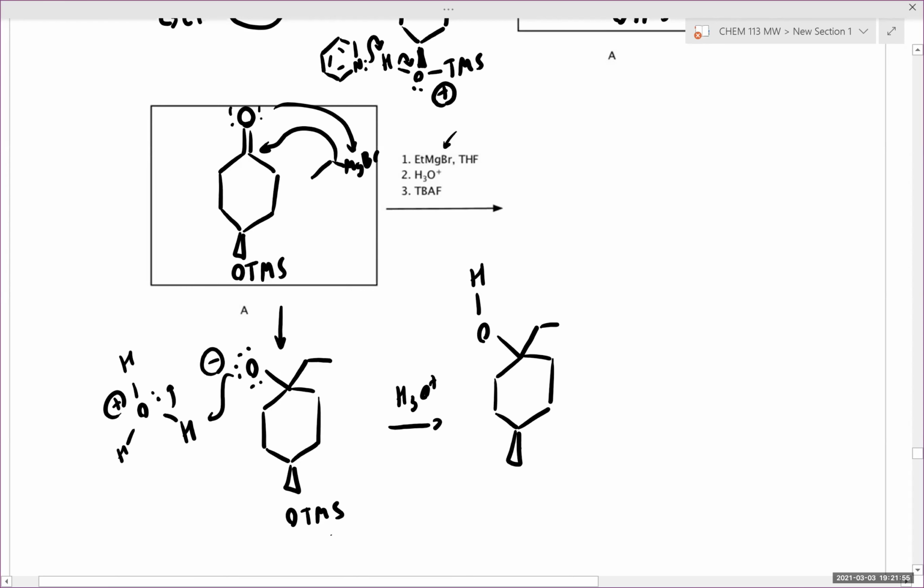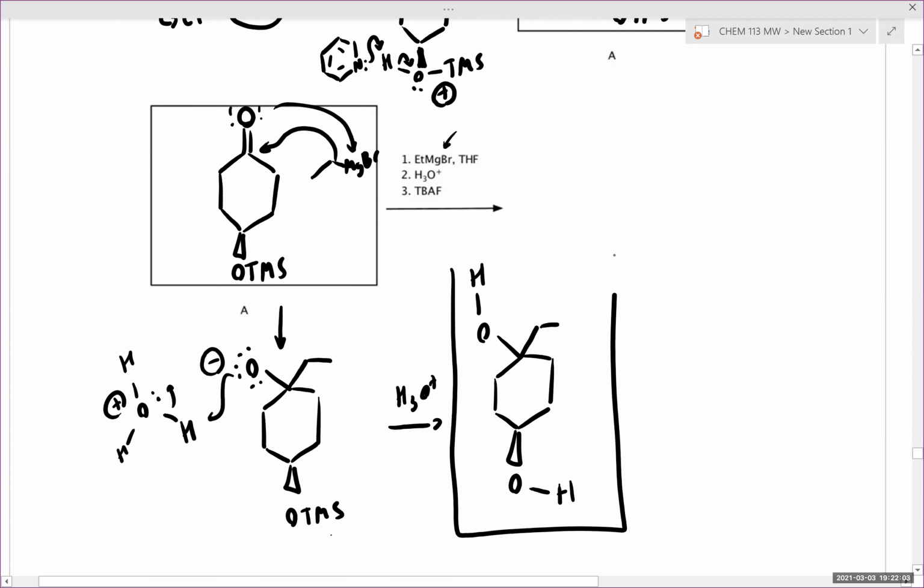I just added it to clearly indicate that we're removing our silyl protecting group. So in the end, we would be able to isolate the Grignard addition product. And at this stereocenter, we would expect to see a mixture of stereoisomers, just because the Grignard can attack from the top or bottom face.